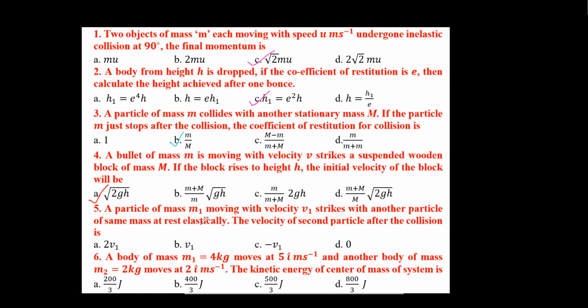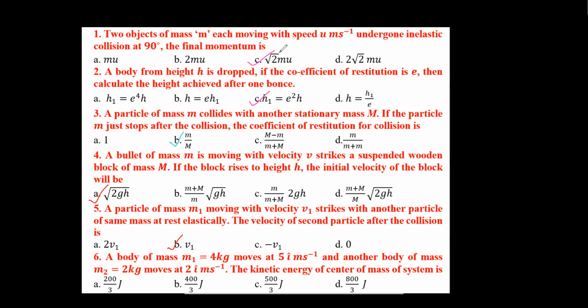Because of the elastic collision, we use conservation of energy and conservation of momentum, and they will simply exchange velocities. So v2, the final velocity of the second particle, will be exactly equal to the velocity of the first particle. This is how we can easily find the solution for this question.